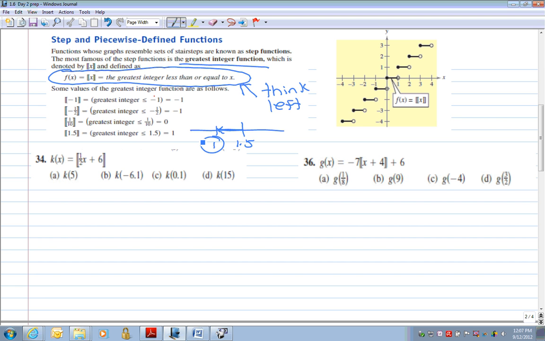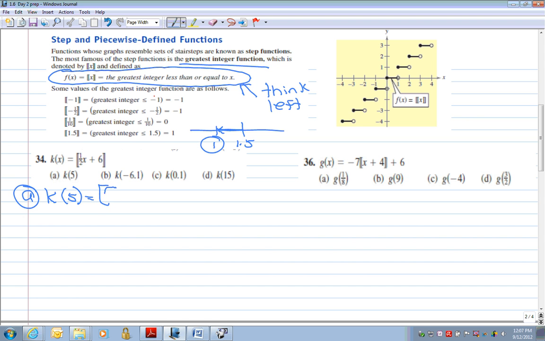All right, let's go ahead and do these two examples. This should set you pretty straight for tomorrow's classwork on this section. So, on this one, we have the greatest integer of 1/2 x plus 6. You do everything in the double braces and then go to the left to get your answer. So here we go. For part A, I have k of 5.